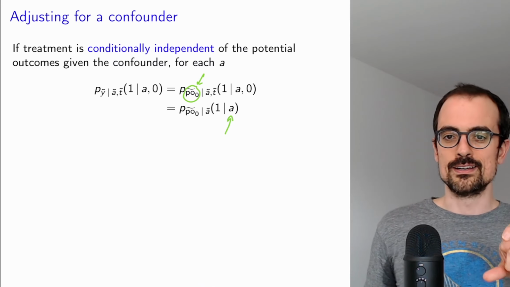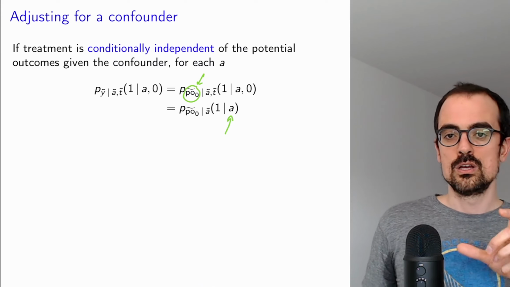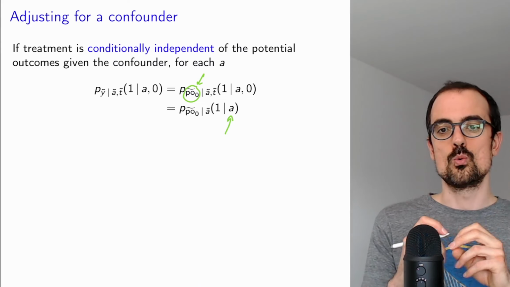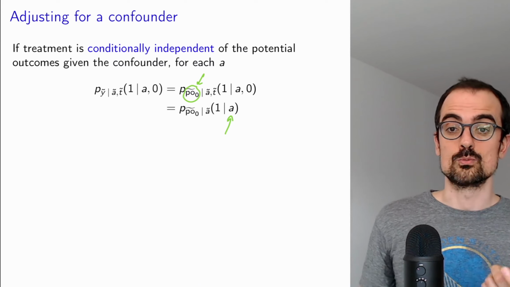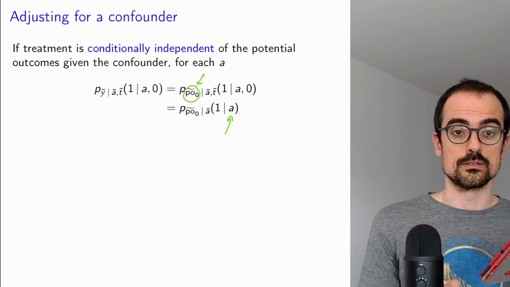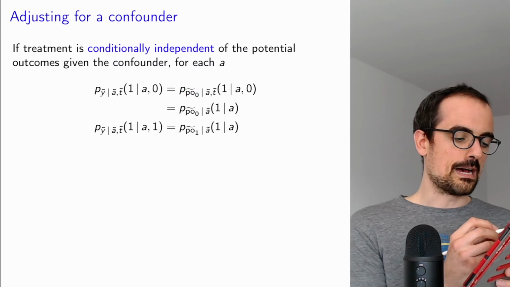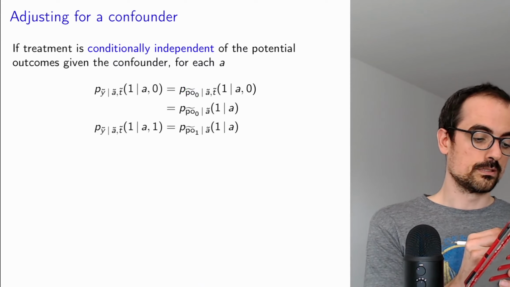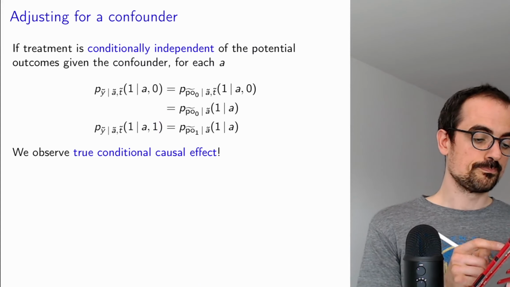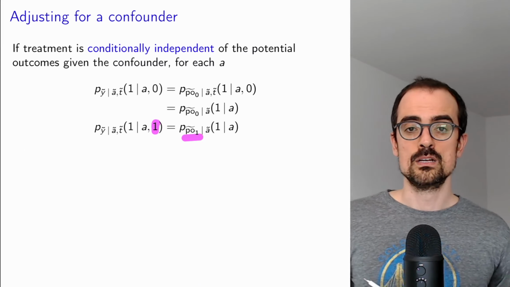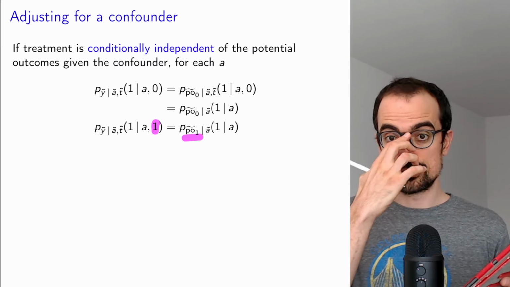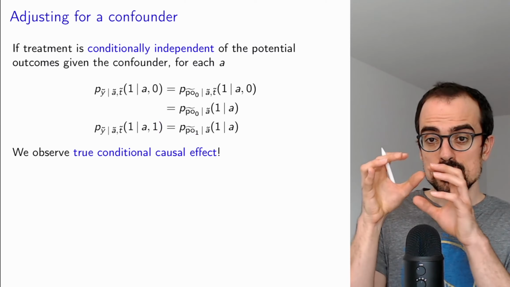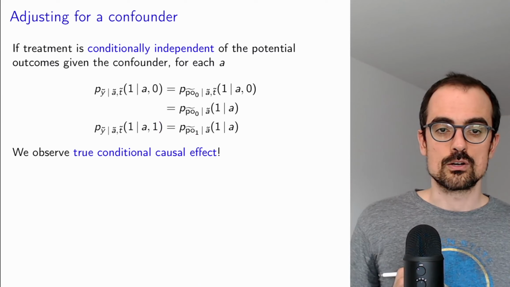This captures the fact that if we fix the value of A, this independence assumption holds, and we have this randomization assumption where the observed effect is a true causal effect. The same happens when we condition on treatment. We're again going to see the true potential outcome associated with treatment, but conditioned on that value of the confounder. So we are observing true conditional causal effects within each group determined by the confounder.